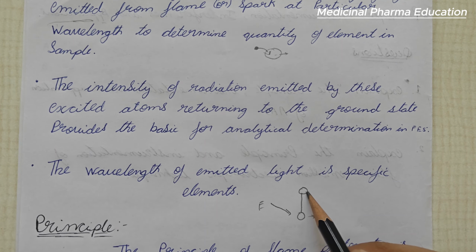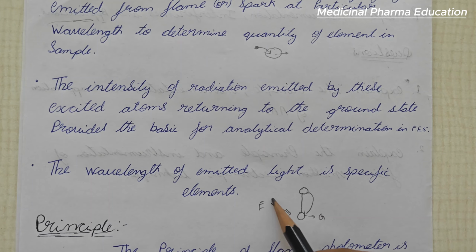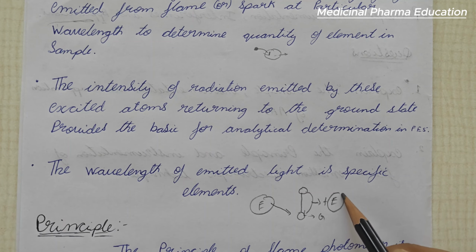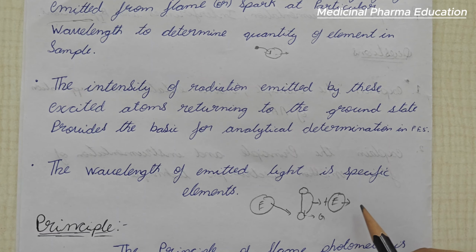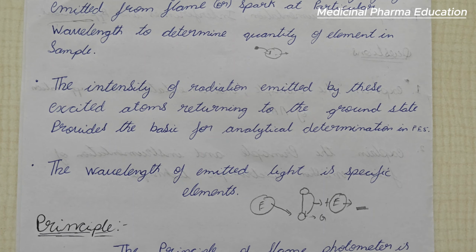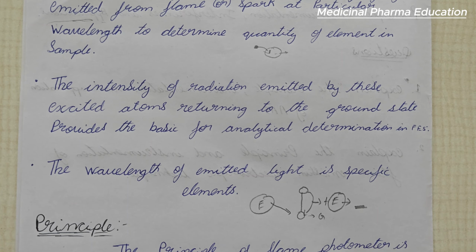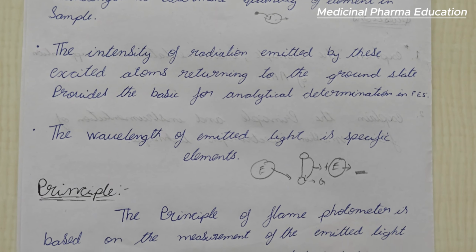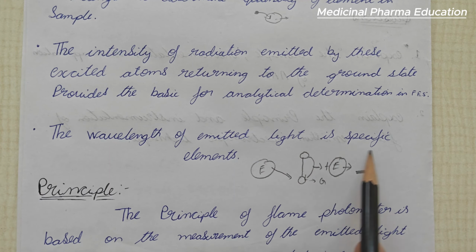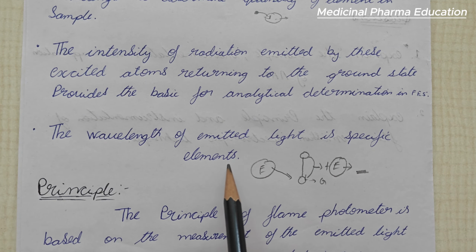From the excited state, it comes back to the ground state by releasing the energy. This energy, how much is released at a particular wavelength, is used to determine the element. This is the basic principle involved in flame emission spectroscopy. The wavelength of emitted light is specific for every element.